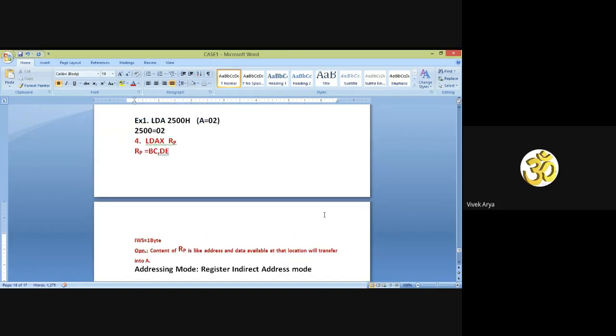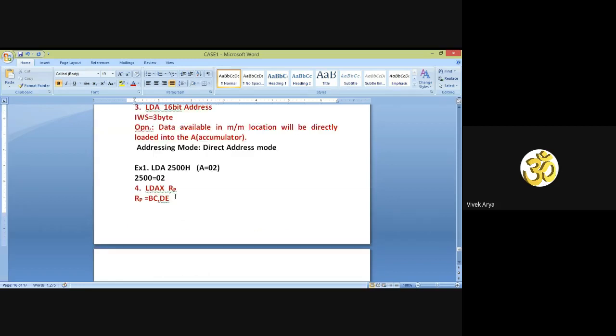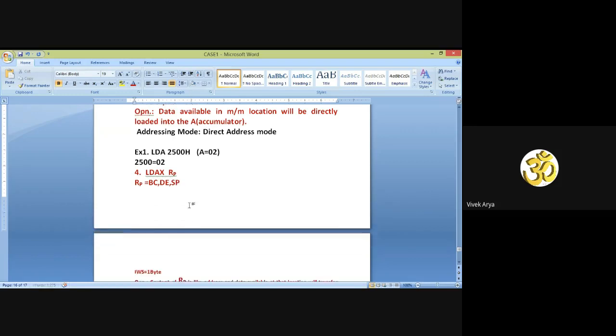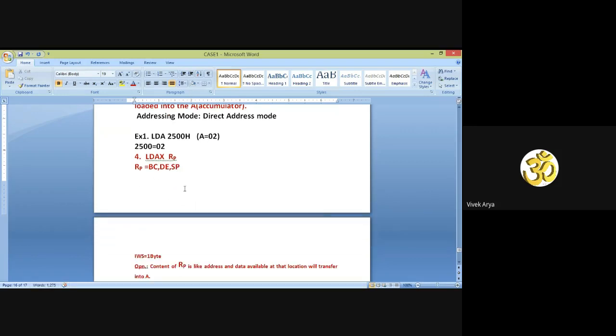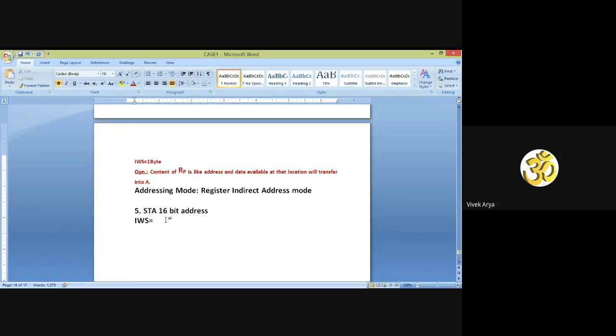Okay, in the 4th instruction, yes, the stack pointer is also not available. Except HL, only B, D, and SP are available, because during execution of this instruction HL is used for memory purposes.